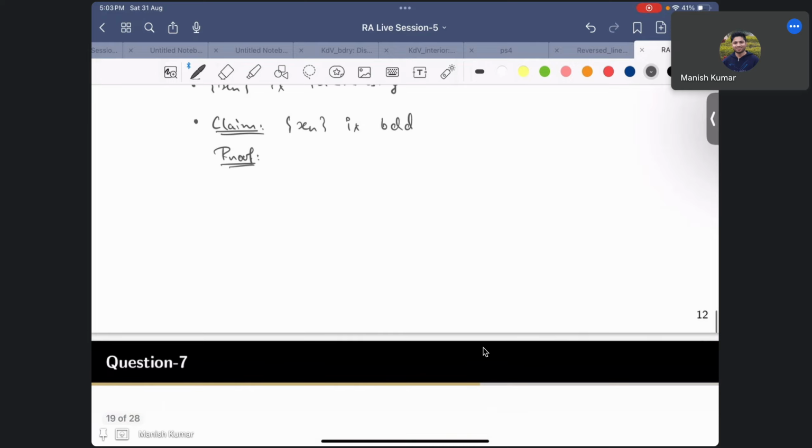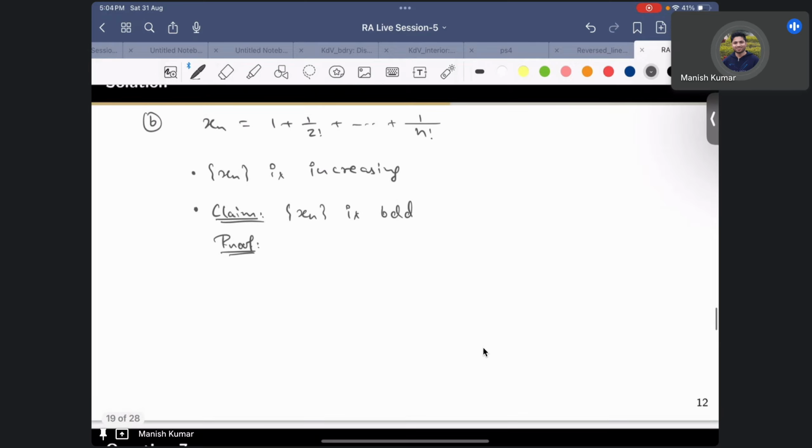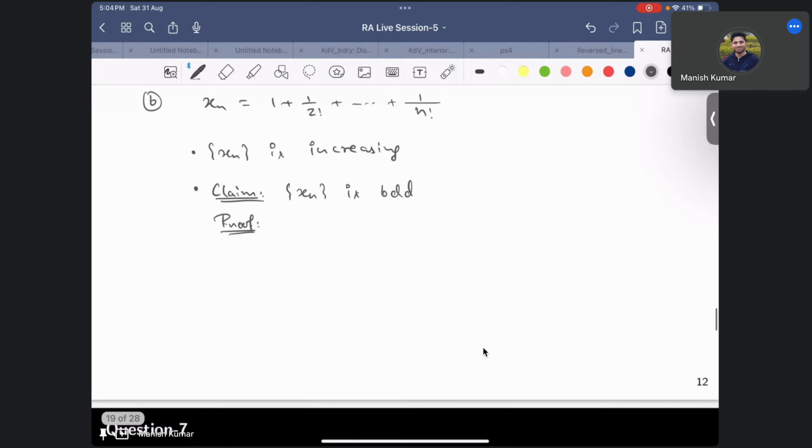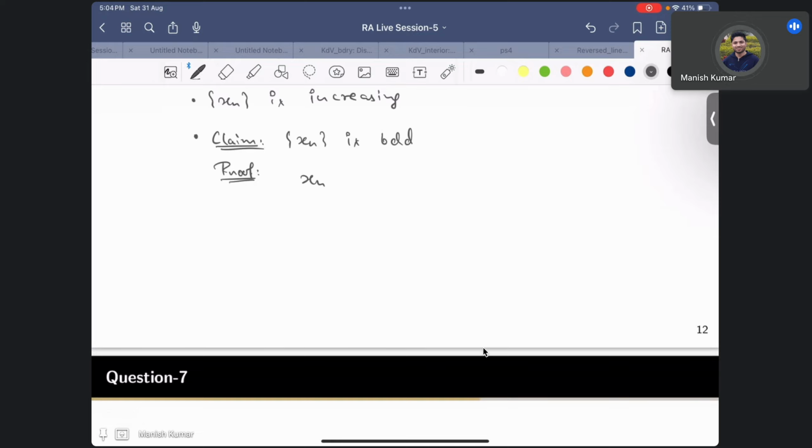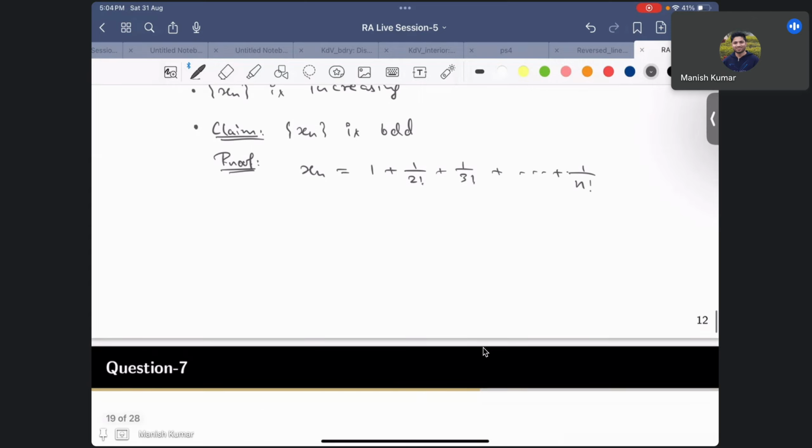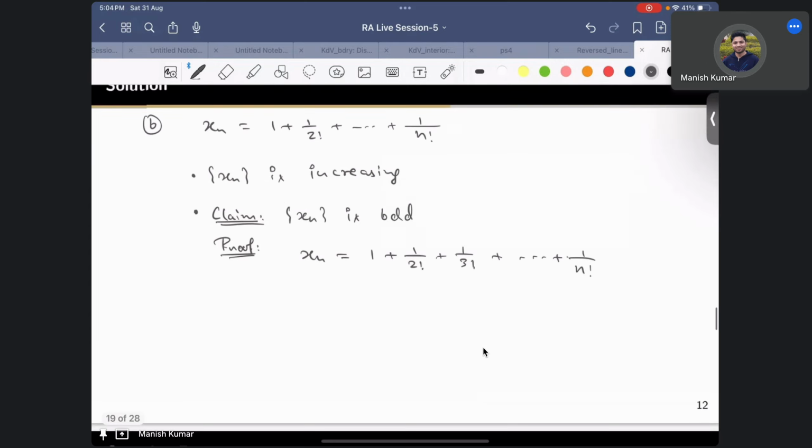So you will have to play with this factorial term. Let me write the definition of xn. So xn is 1 plus 1 by factorial 2 plus 1 by factorial 3 plus ... plus 1 by factorial n. Now maybe I can write some estimate over here. n factorial is 1 times 2 times 3 times 4 till n, right?